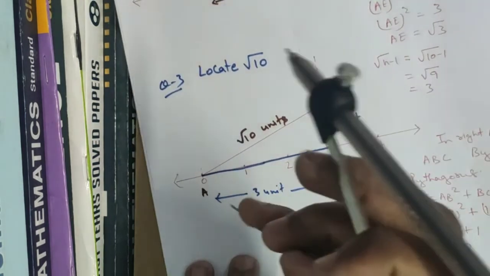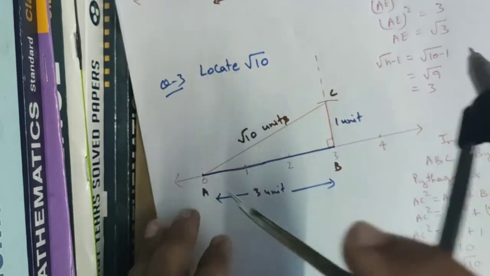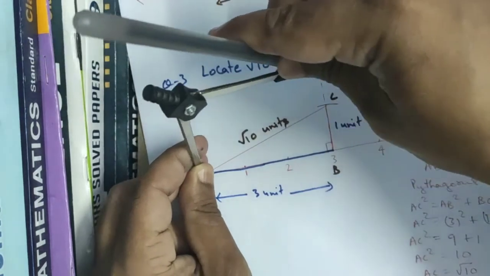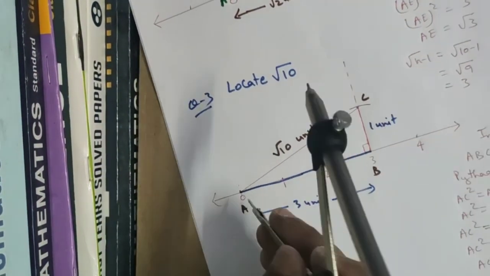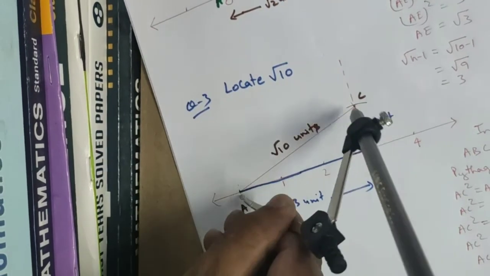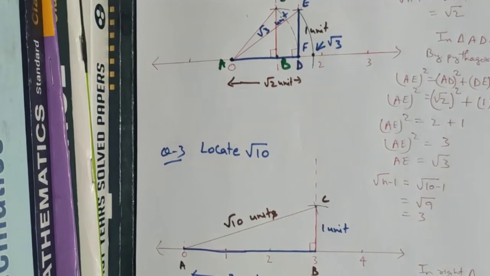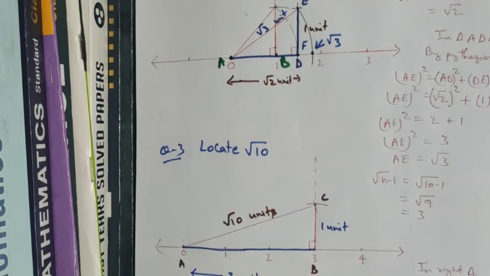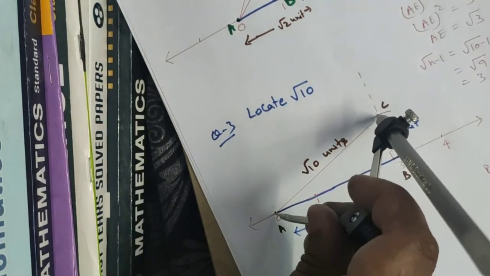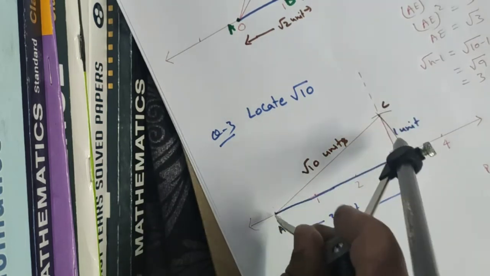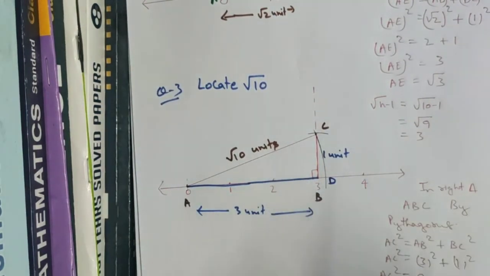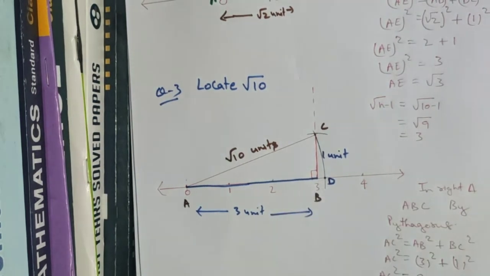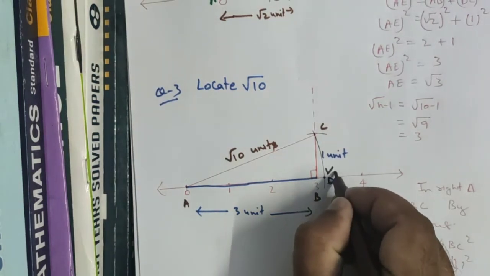So we'll take the measurement equal to AC, radius equal to AC, and draw an arc intersecting the number line at point D. This point D is what?